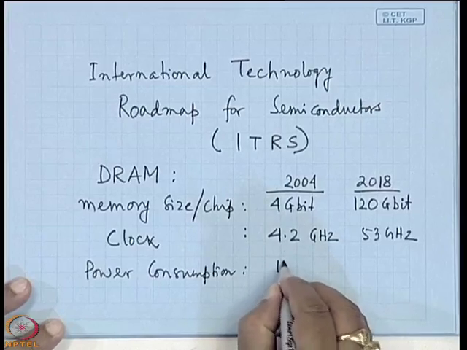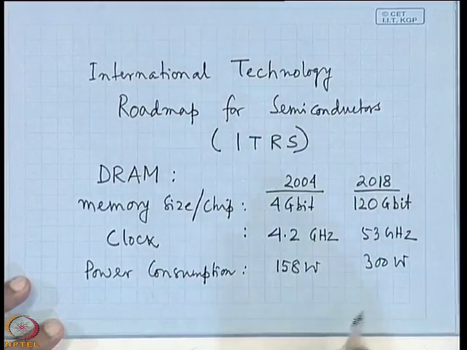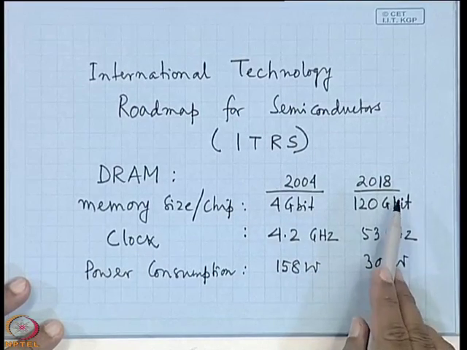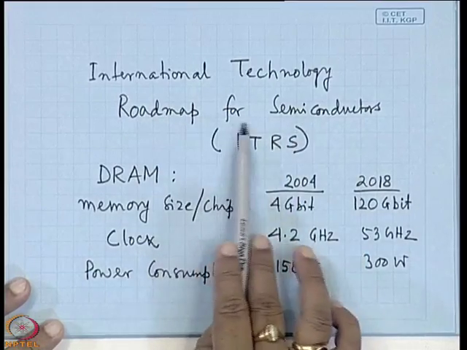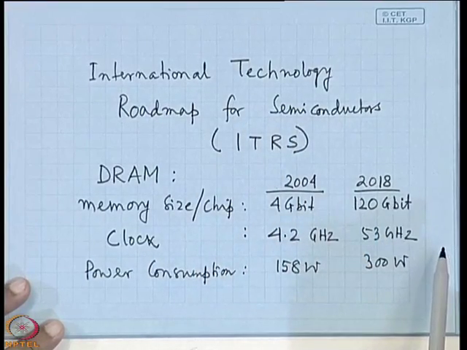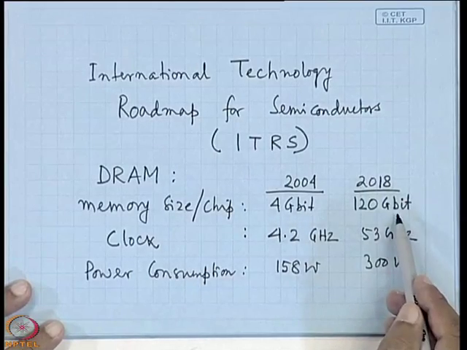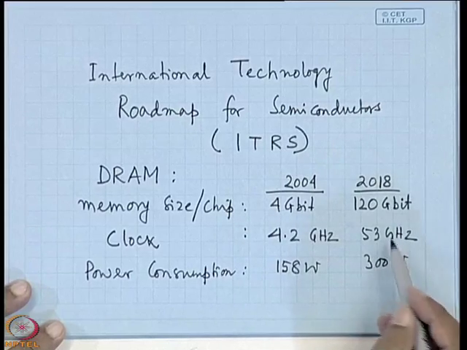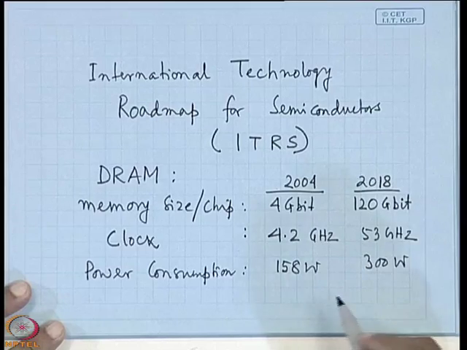It is from 158 watt to 300 watt. So, if you consider this prediction for 2018, which was done by the International Technology Roadmap for Semiconductors, you will find that the memory size per chip will be increased by manifold, then the clock speed will be increased by manifold, power consumption will be increased by manifold, but the size of the chip will not be reduced.